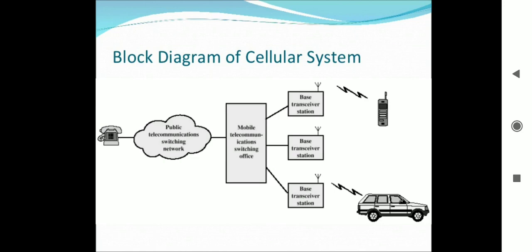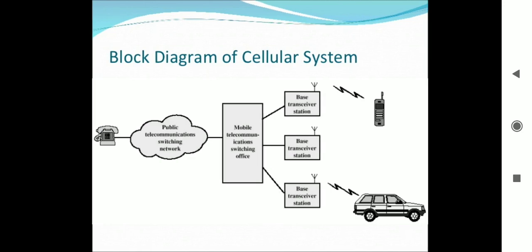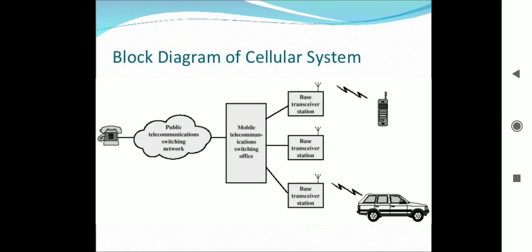Signals propagated out from base stations uniformly in all directions. So a mobile moving in a circle around the base station would have approximately constant received power.